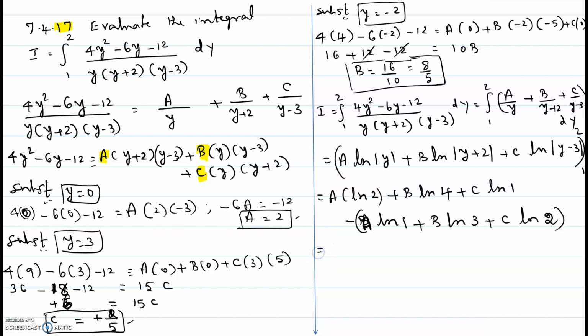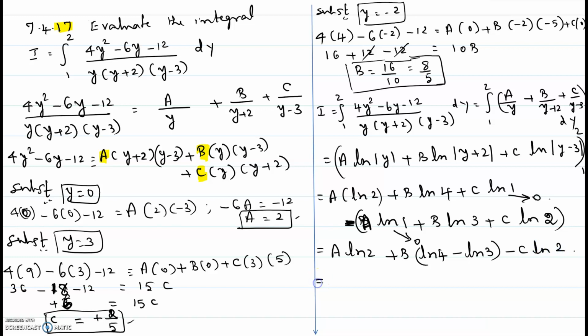So it will be A ln 2 minus ln 1. ln 1 is 0. So it is just A ln 2 plus B ln 4 minus B ln 3. C ln 1 is 0. Here you have a minus C ln 2.